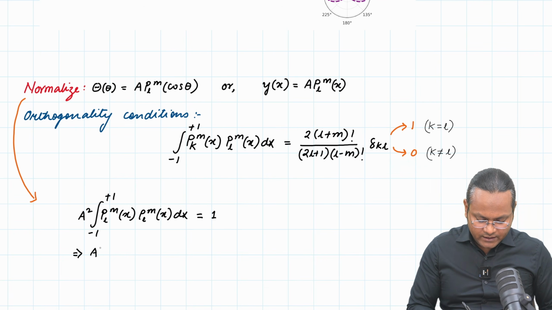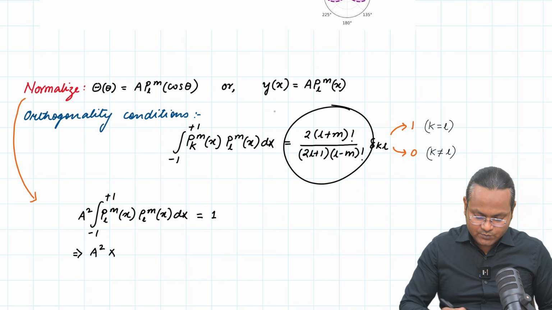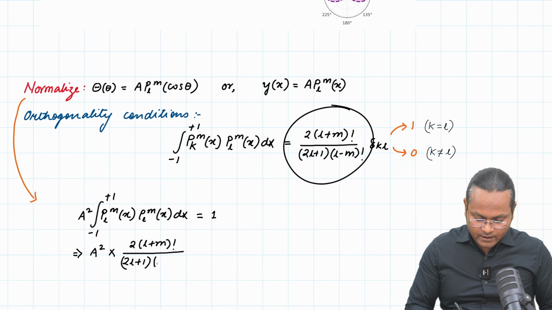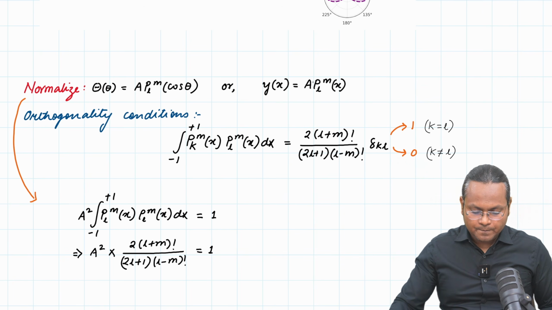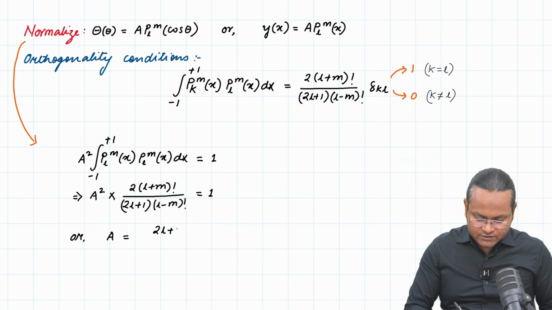So here I have a square times, I'll just write this particular value, (2l plus m)! upon (2l plus 1)(l minus m)! equals 1, which means the normalization constant is the square root of (2l plus 1) upon 2 times (l minus m)! upon (l plus m)!.